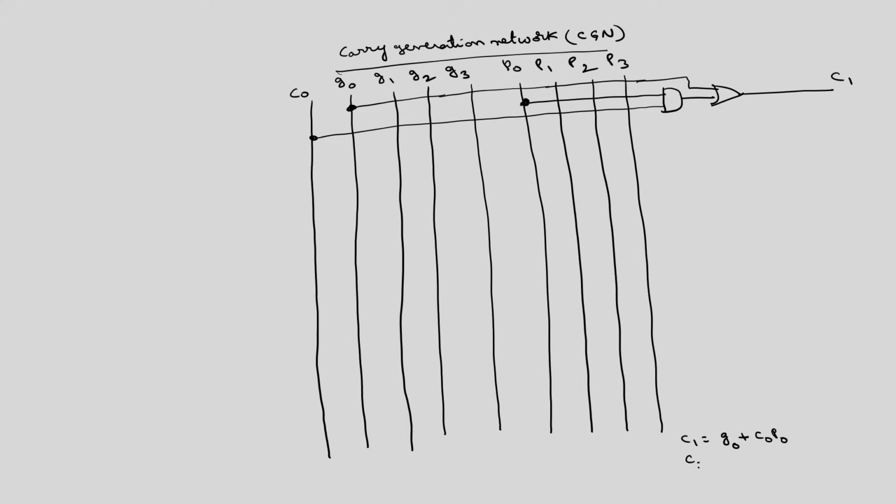Similarly, the expression for C2 is G1 plus C1 P1. If you substitute C1 here, it is G1 plus G naught P1 plus P1 P naught C naught.